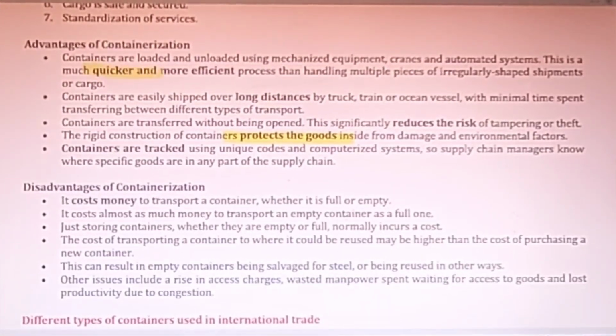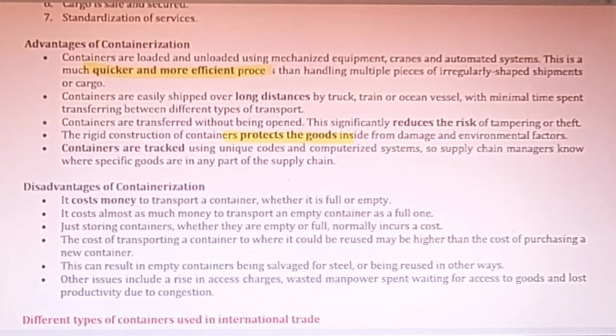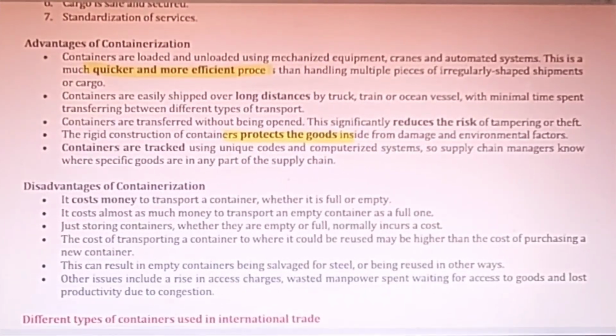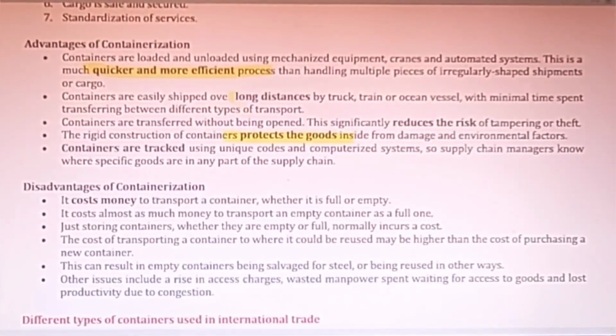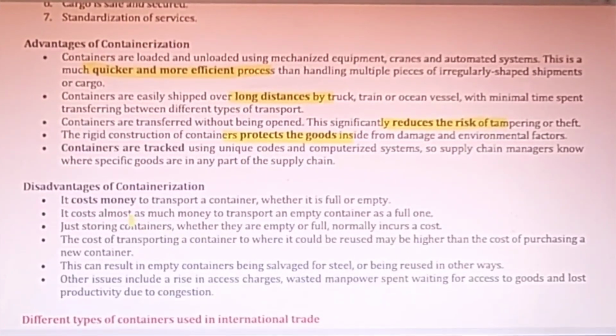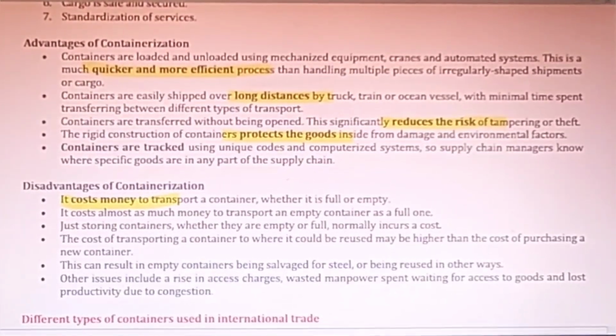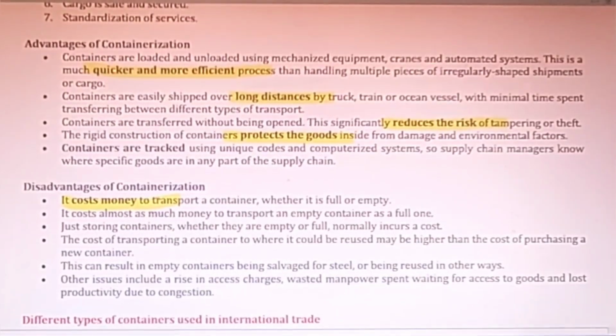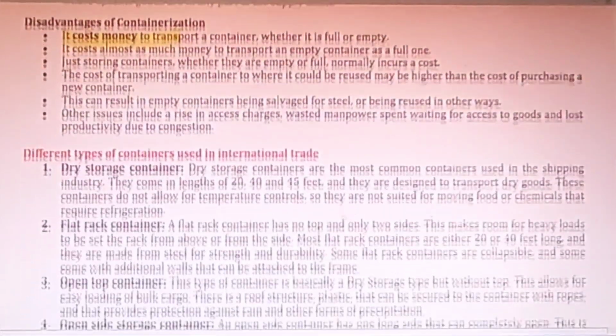Then a quicker and more efficient systematic way of transporting goods over long distances, and it reduces the risk of damage, theft, all that. And the most important disadvantage is it is very costly and time consuming in loading and unloading, so that makes it more expensive.